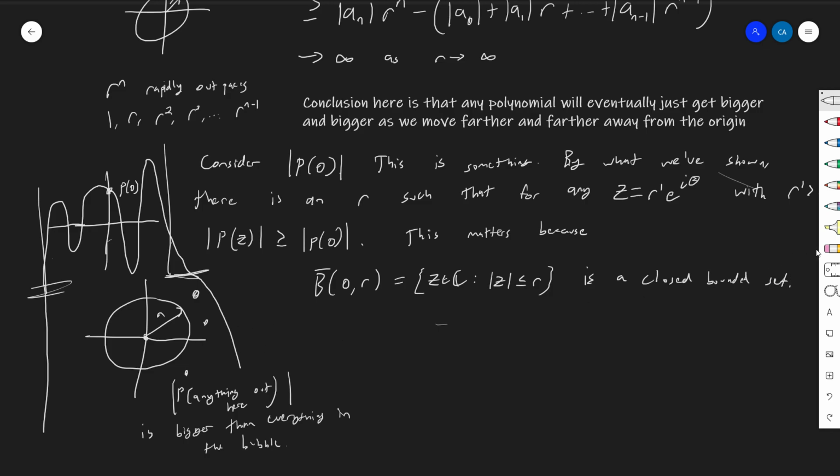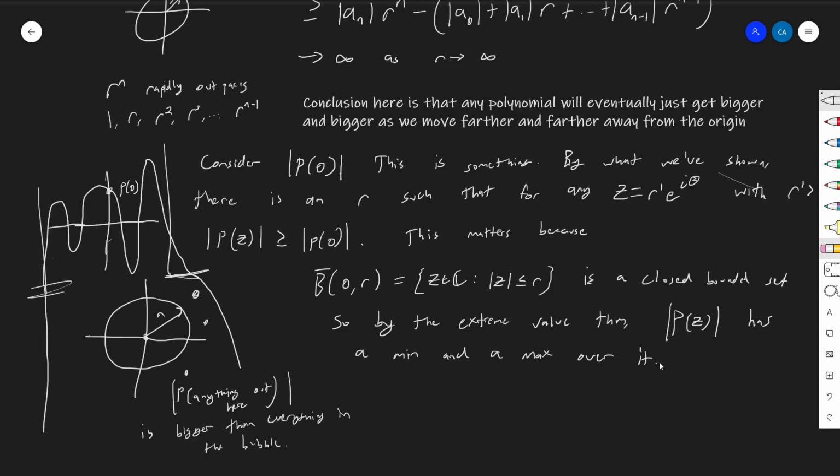And so by the extreme value theorem, p of z on the closed ball has a minimum and a max over it.